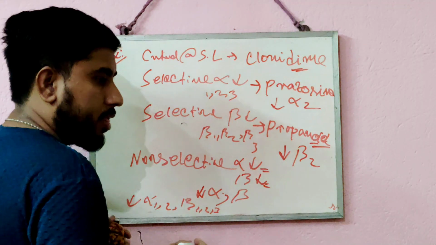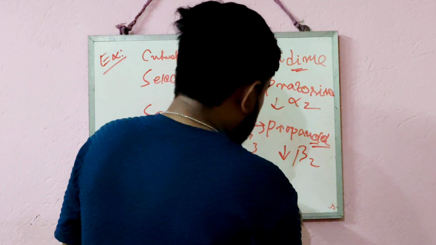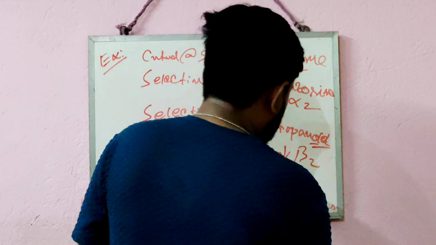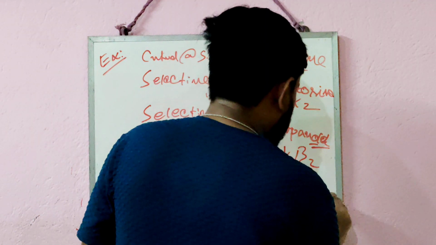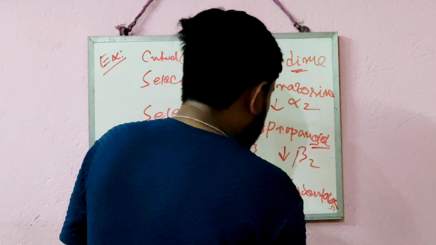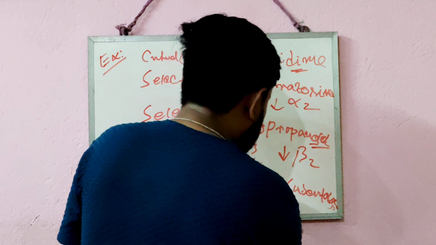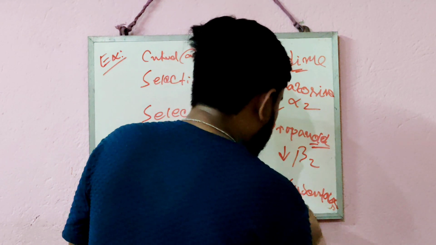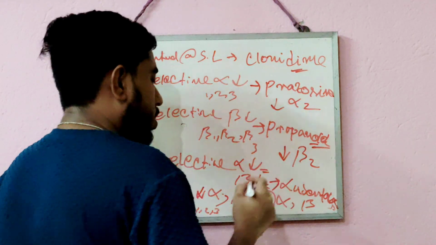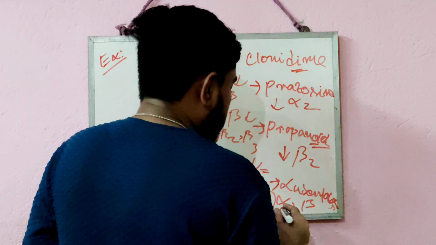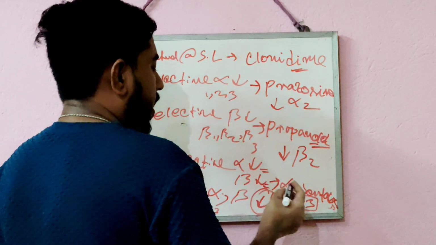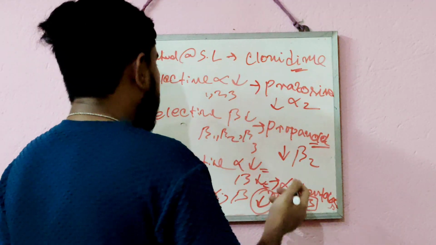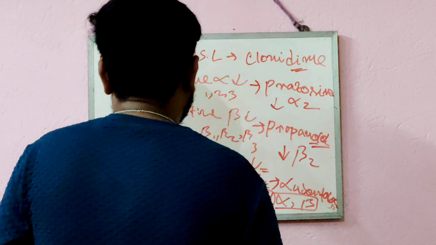An example is labetalol. This will block the action of alpha and beta receptors, inhibiting alpha 1 and alpha 2 receptors, and also beta 1, beta 2 and beta 3 receptors.